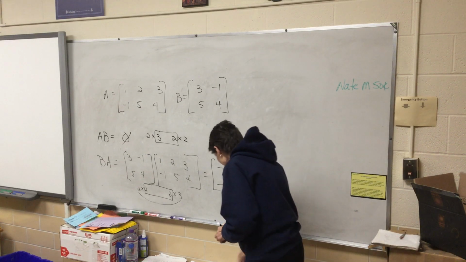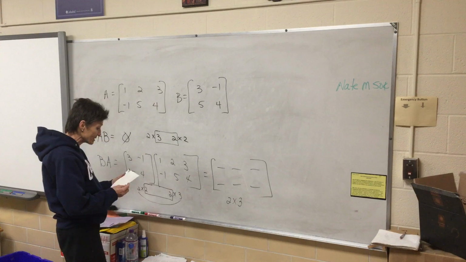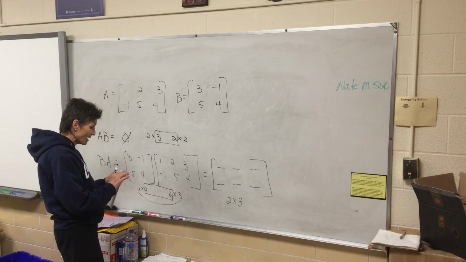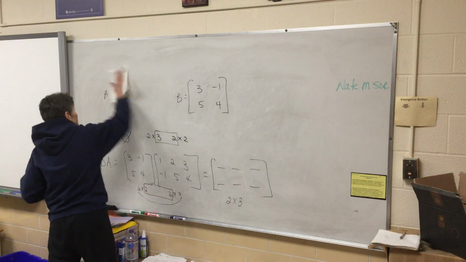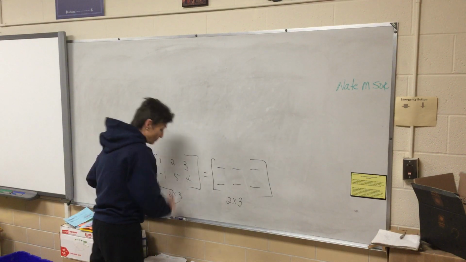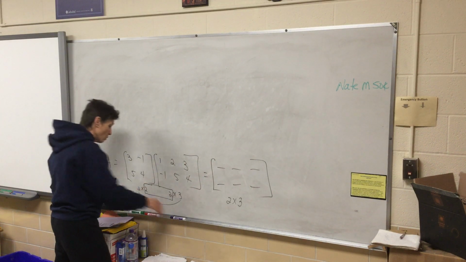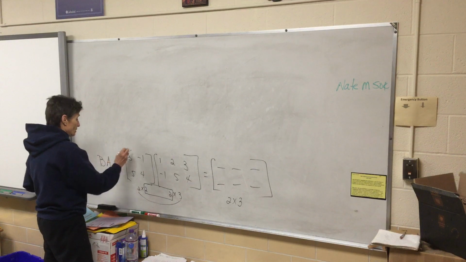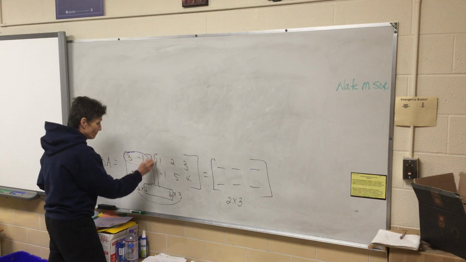To find those numbers in there, we have to do it organized, one at a time. So to find that first number in there, right here, we're going to take the first row times the first column.